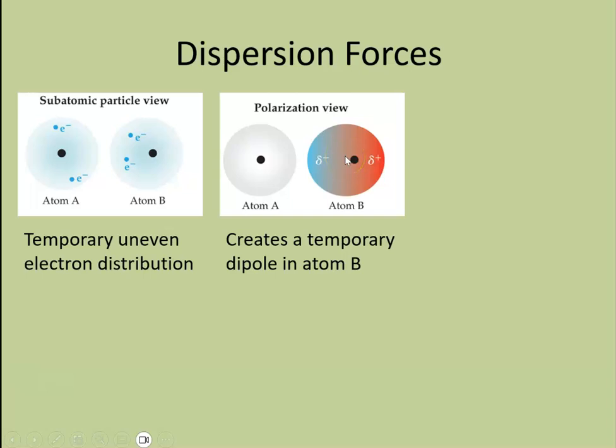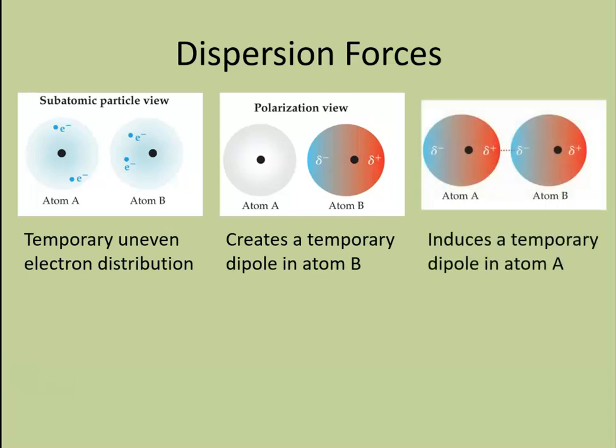What that does is has the effect of creating, just like the idea of using magnets to pick up a chain of paper clips, a temporary dipole induced in the neighboring atom. And so what you get is this temporary situation where just out of the statistical probability of the moment that one atom has an unequal distribution of its electrons, that will induce an unequal distribution in the next atom and the next atom.